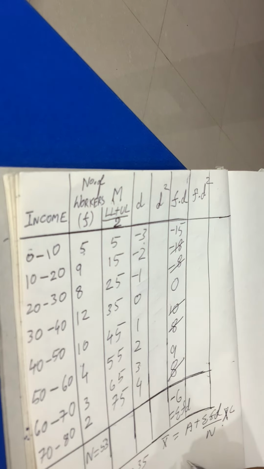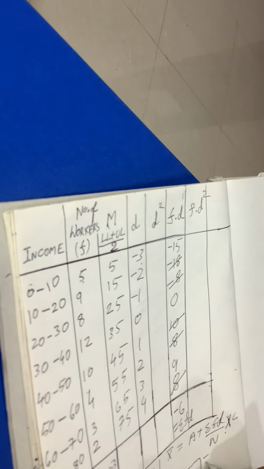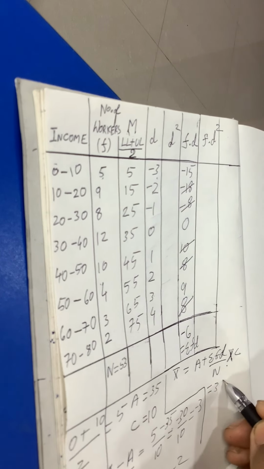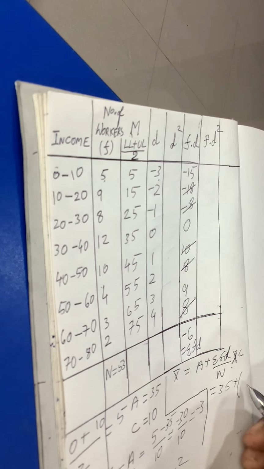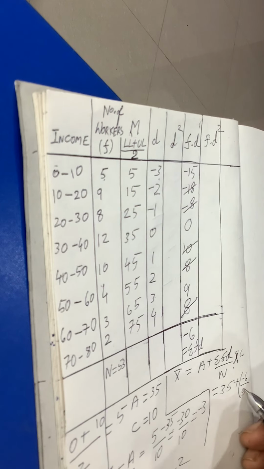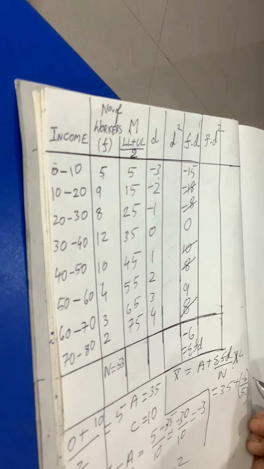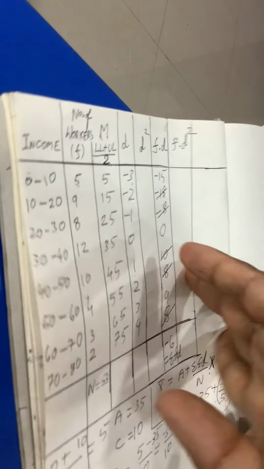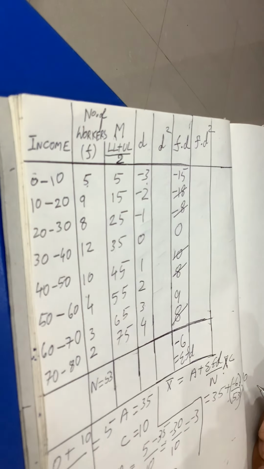Now what is the mean value? Let me calculate the mean value as a result. A is 35 plus sigma FD, which is minus 6, divided by 53, multiplied by C, which is equal to 10. I don't have space here, let me write it on the next page.